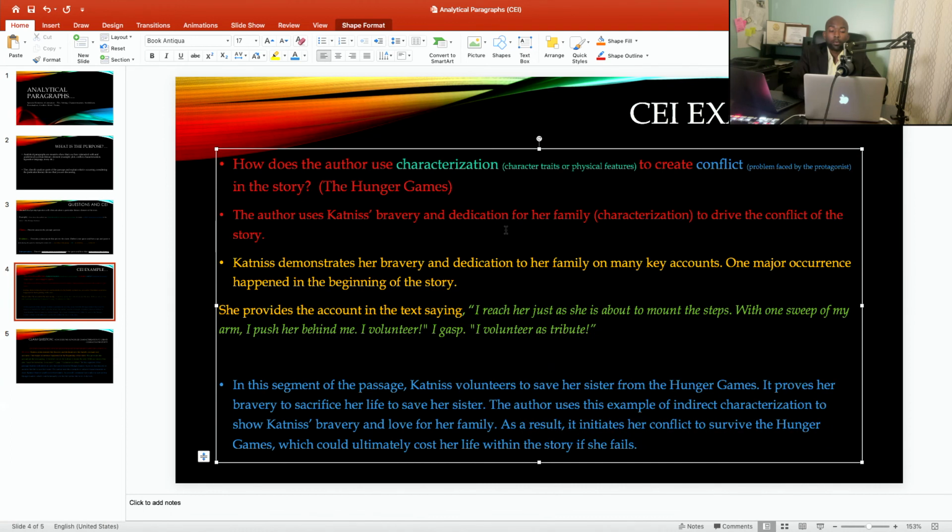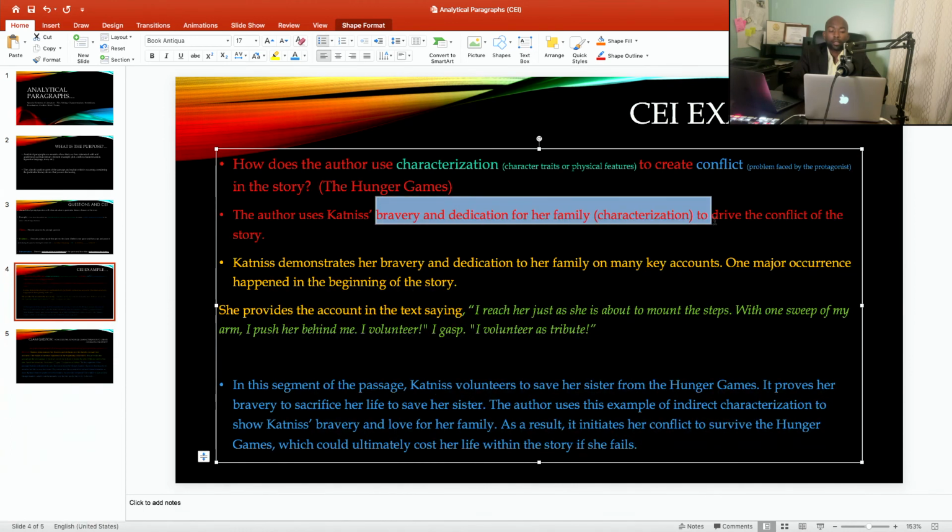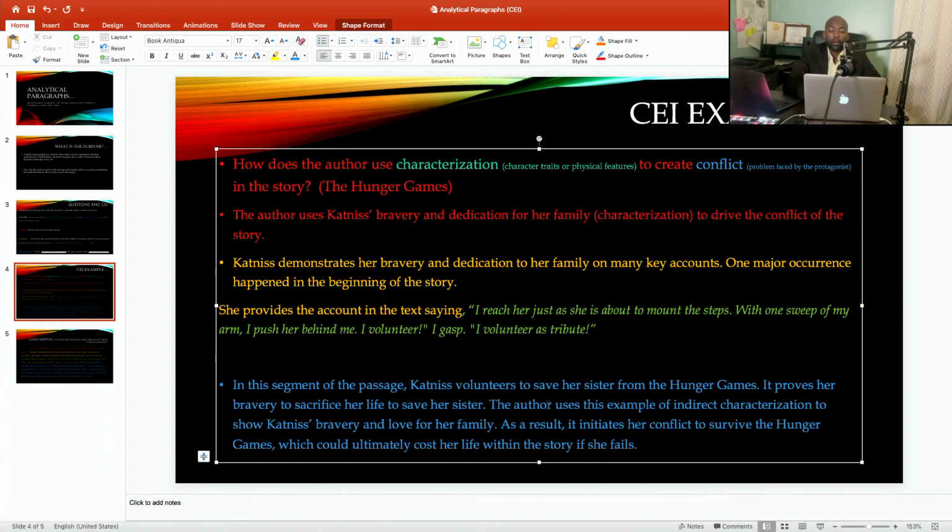Well, remember, the claim says that it drives the conflict of the story. So how does her characterization drive the conflict? Here we go. It says, as a result, it initiates her conflict to survive the Hunger Games herself, which could ultimately cost her life within the story if she fails.